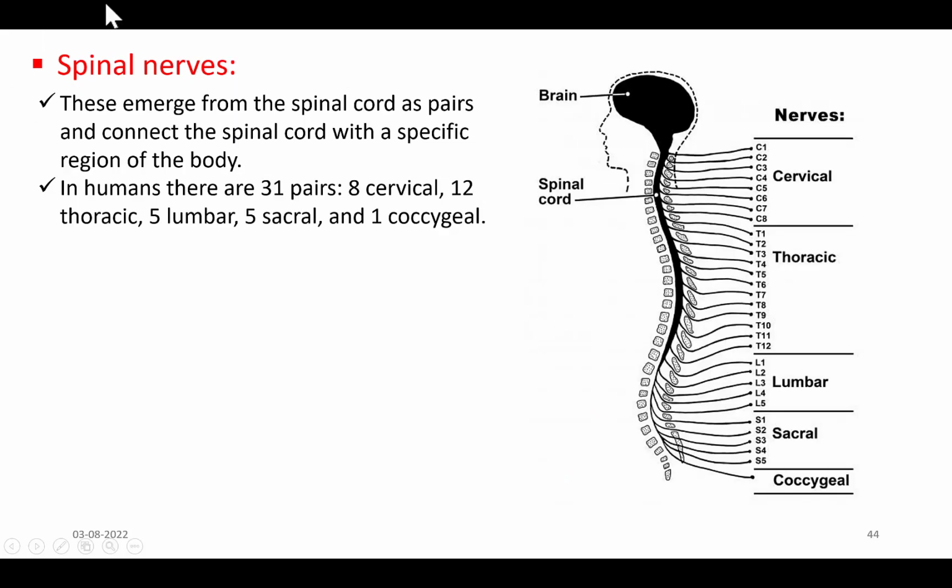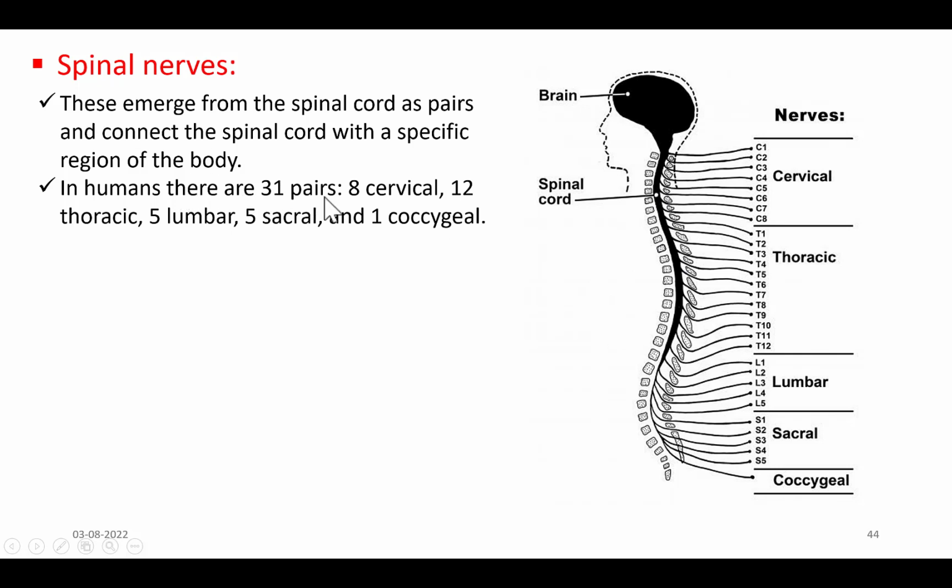Now coming to spinal nerves. These nerves emerge as pairs and connect the spinal cord with different parts of our body. Got it? So see here, this is the spinal cord and nerves are arising as pairs. Of course the pairs are not shown here, but actually the nerves are present on either side.